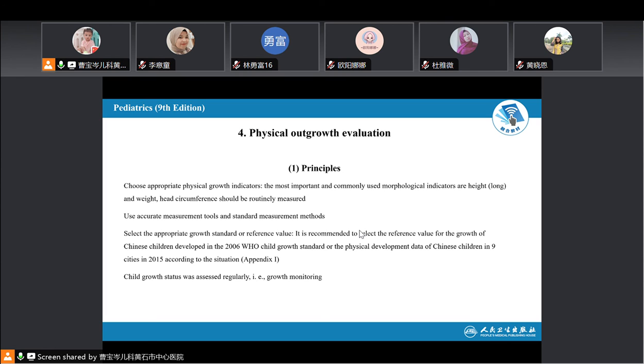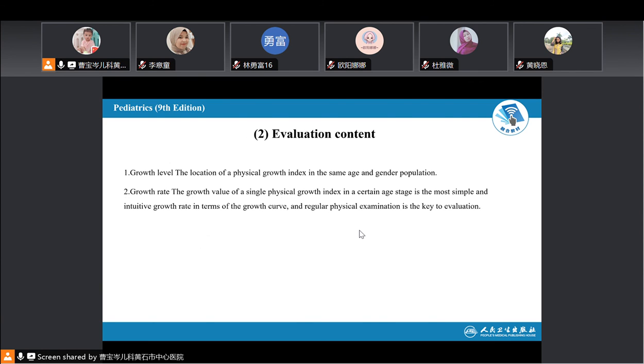According to the situation, child growth is assessed regularly, and the growth monitoring tool is used.